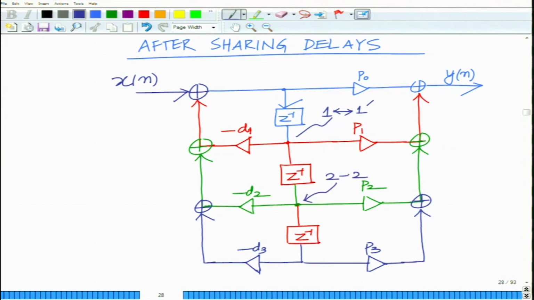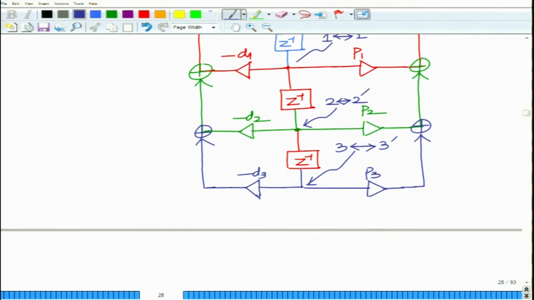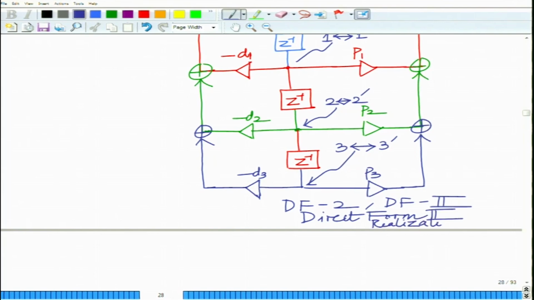This is after merging 2 and 2 prime, and this is after merging 3 and 3 prime, and what you have is, the 6 delays have become 3 delays, and basically this is termed as the direct form 2 realization, DF2.